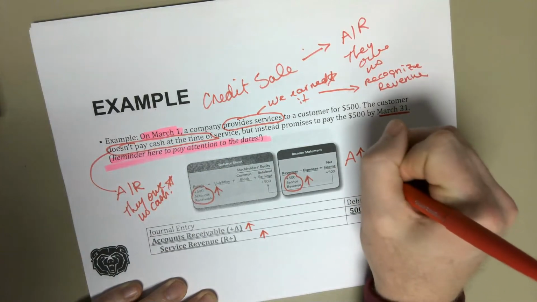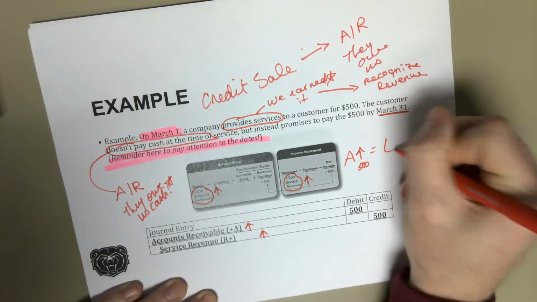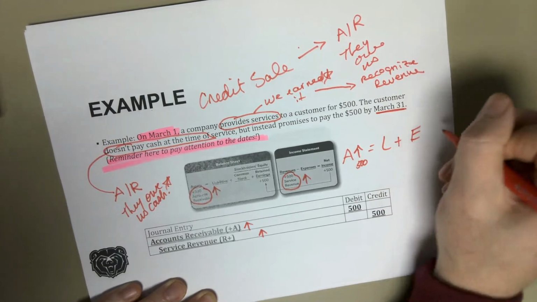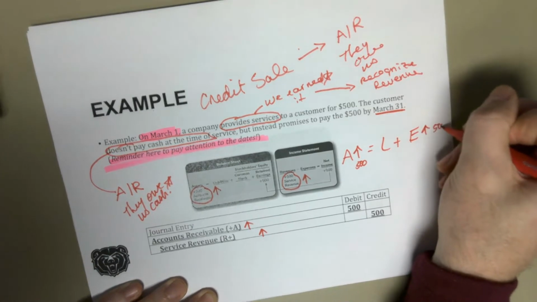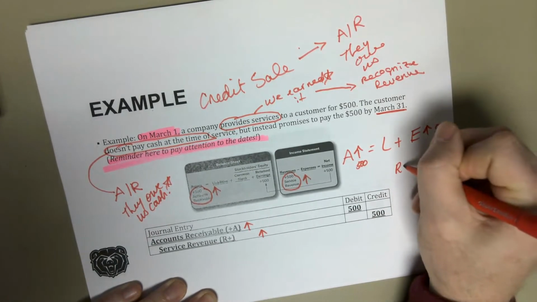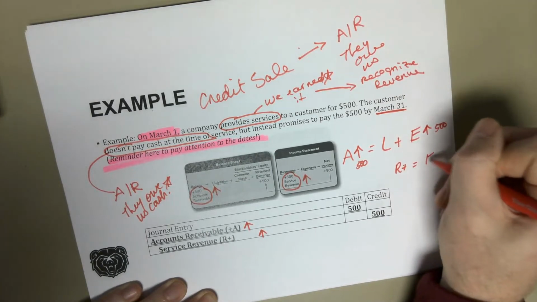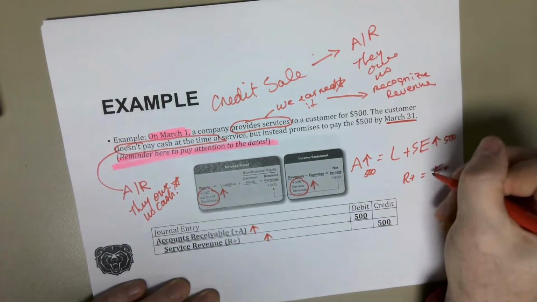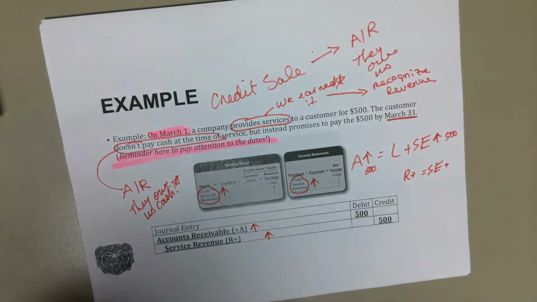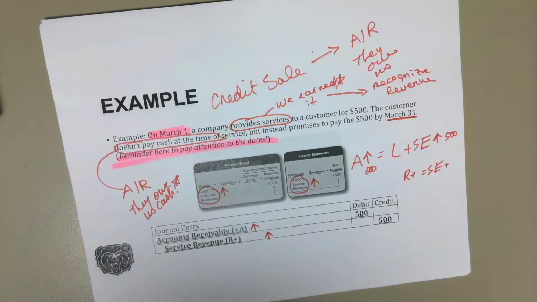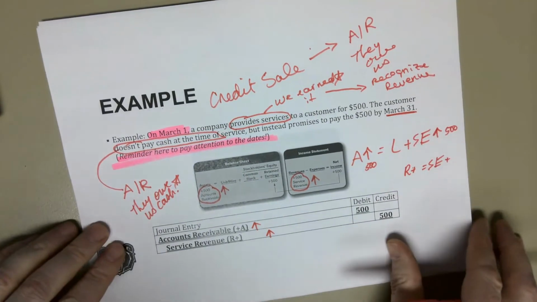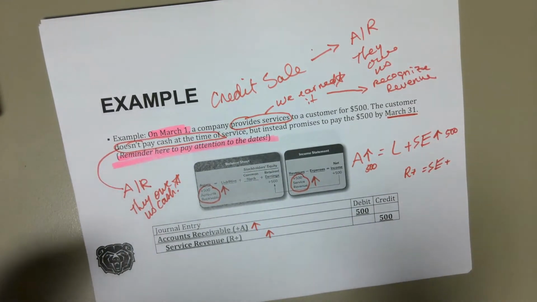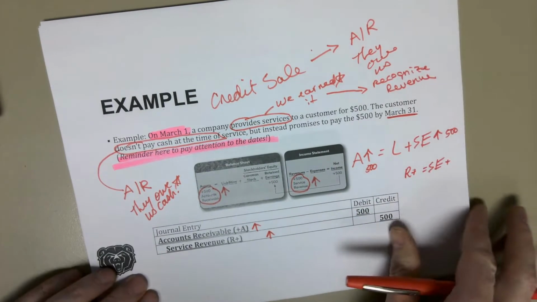We have an increase of $500 to assets, and an increase of $500 to equity because a revenue increase equals an equity increase as well. Put SE here so we don't get confused with expenses. So pretty simple journal entry, pretty simple example to look at as far as AR goes.